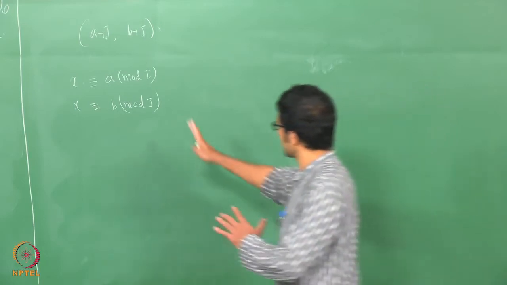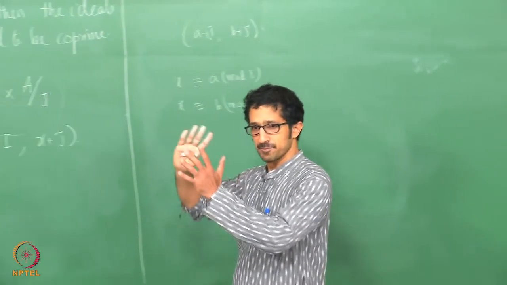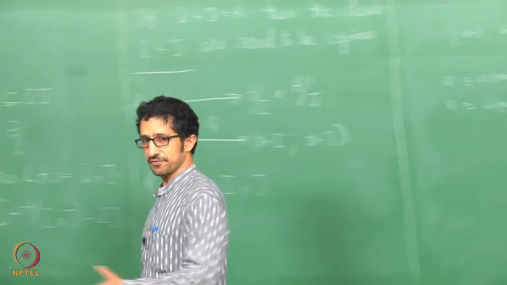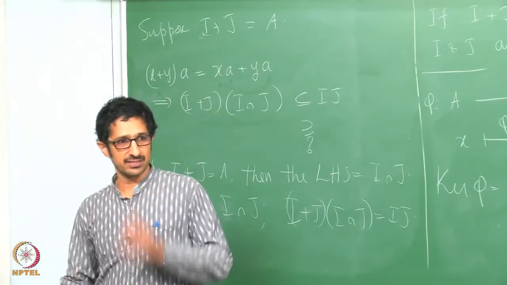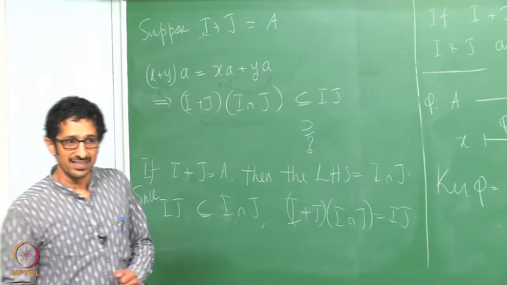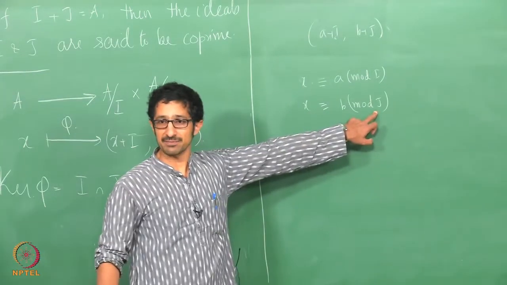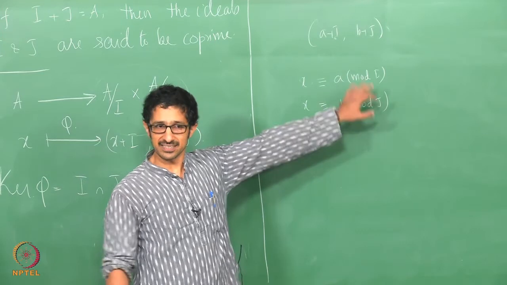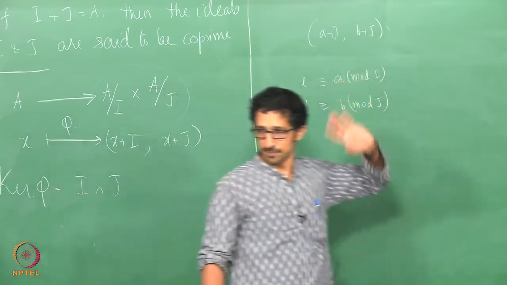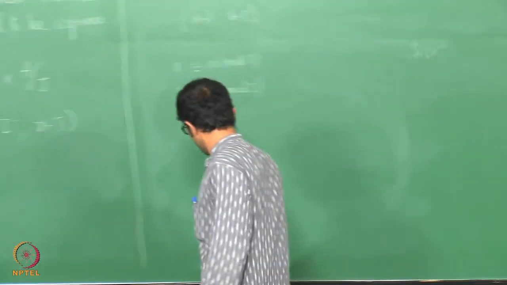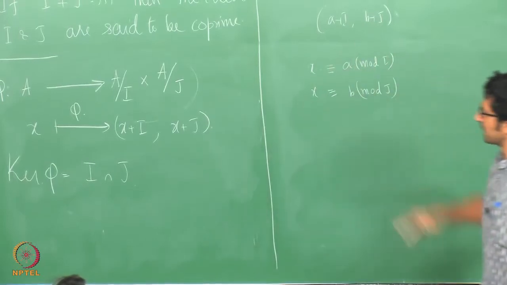See, think about this in Z. In Z, instead of I, think of, let us say, primes. If they are distinct primes, the Chinese remainder theorem says that you can do it.